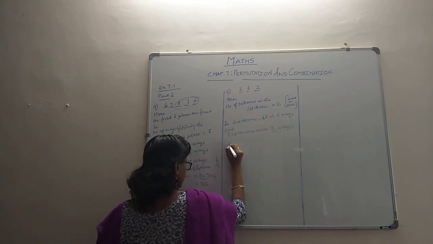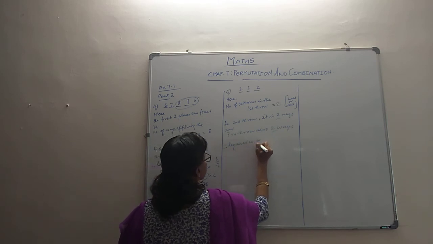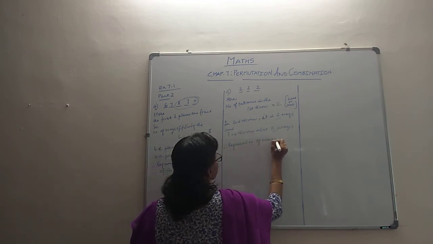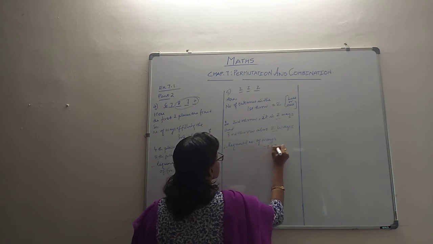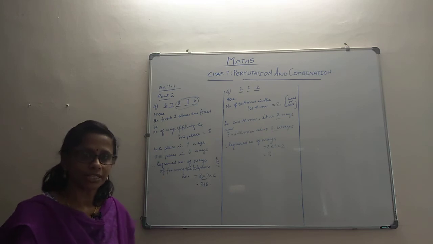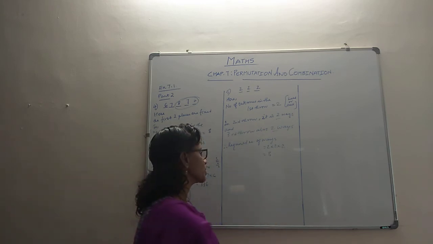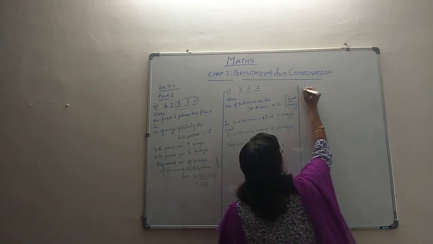Therefore, the required number of ways is 2 into 2 into 2, that's 8. Total number of ways of getting this is 8. That's about the way that we do this. 8 outcomes you will get.